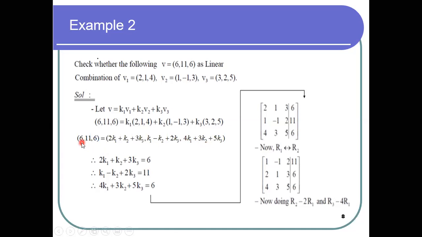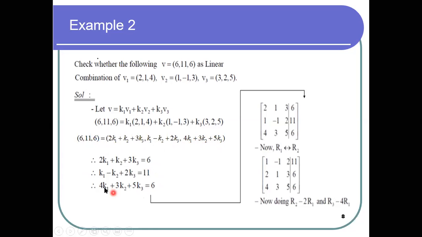Then we compare the x component of the left side with the right side, the y component, which is 11, with the y component of the right side, and the third, z component, with the third component of the right side.